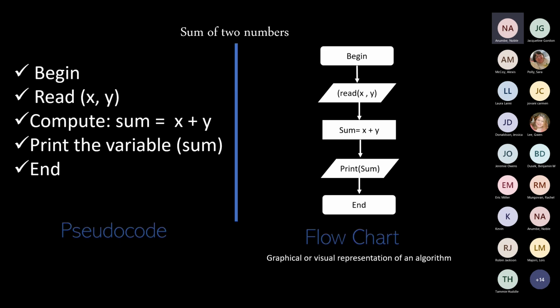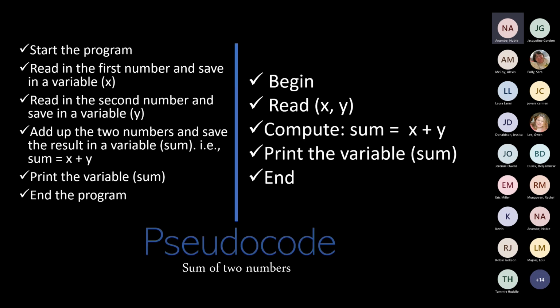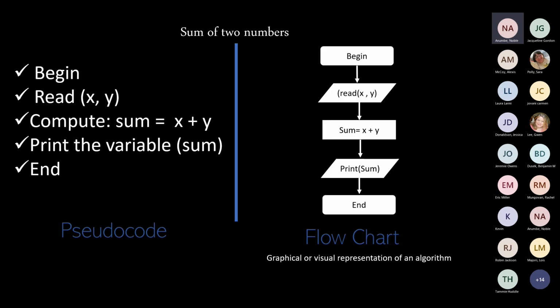So we can proceed. This is an example of the code we got here, of adding two numbers. Then I move in here and I say begin, and I use this symbol because it's usually for the beginning and the ending.